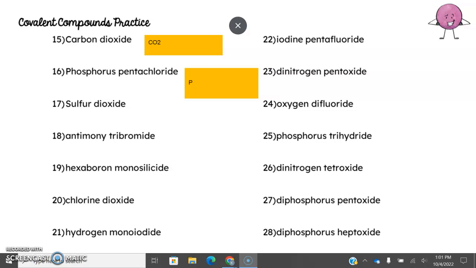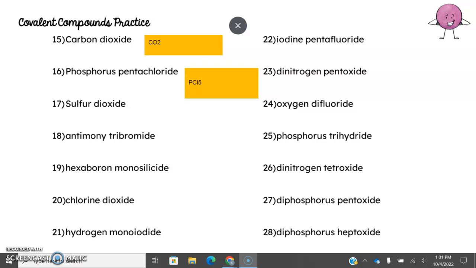Penta is 5, and then chloride is chlorine. So we're going to have Cl for the chlorine, and its subscript would be 5. So PCl5 would be phosphorus pentachloride. And again, if you're not sure about the prefixes, just go a few slides back. You guys have access to the slides. Go a few slides back and use that table to help you. Okay?